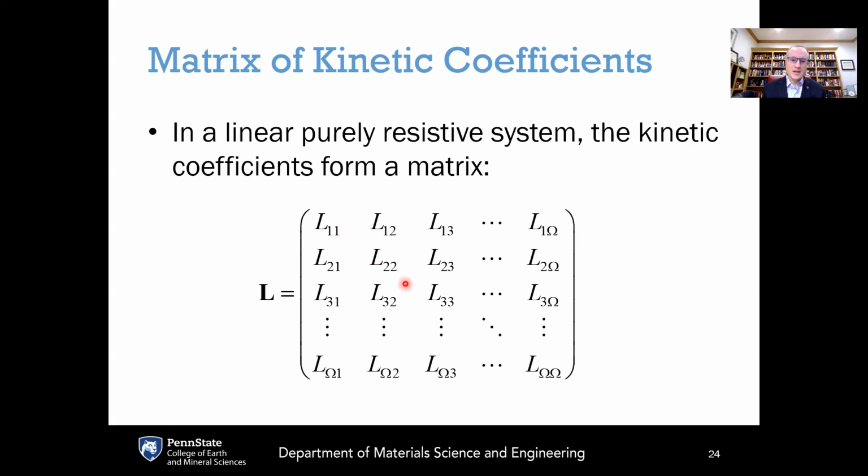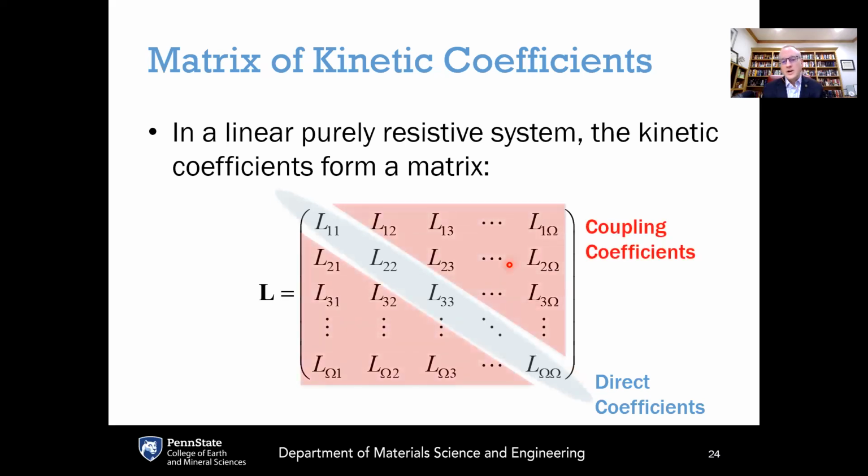These are the kinetic coefficients that give you the flux from the affinity of its own value. This is what's called the direct coefficients. This is the affinity leading to a flux in the same thermodynamic coordinate. And then all of these off-diagonal terms are what's called coupling coefficients. This is what leads to an affinity in one thermodynamic coordinate giving a flux in a different coordinate.